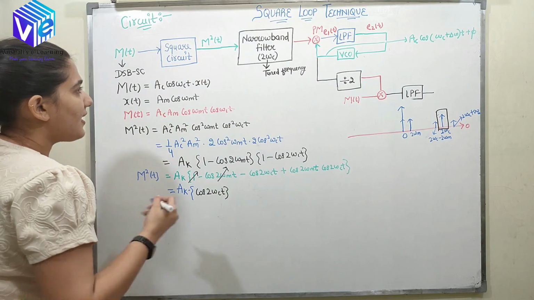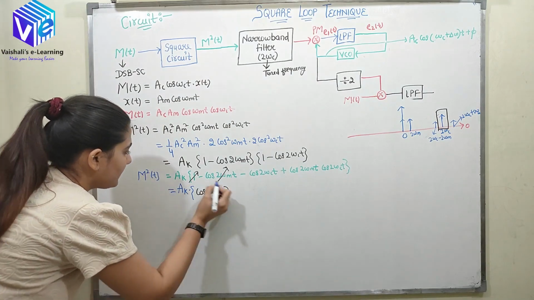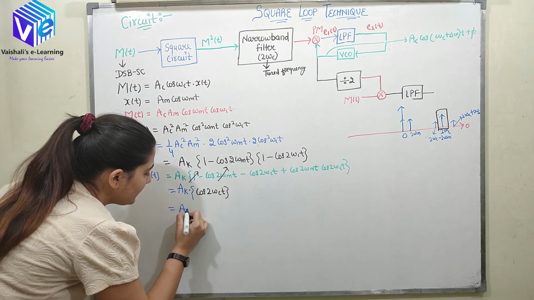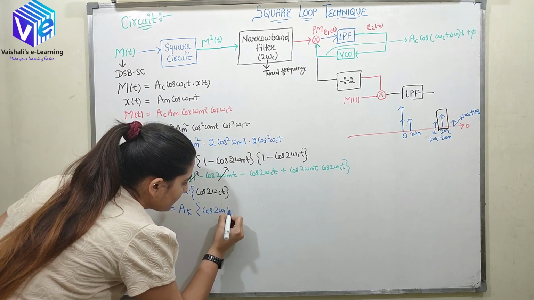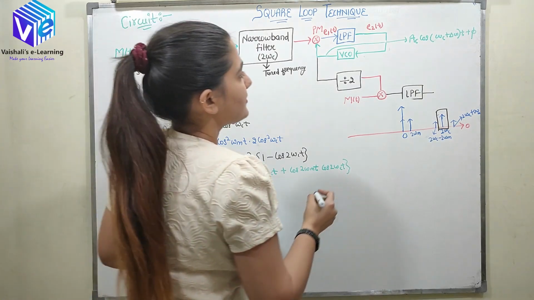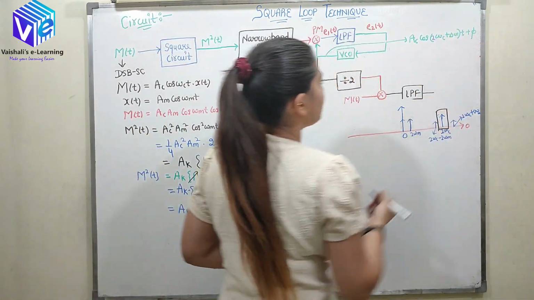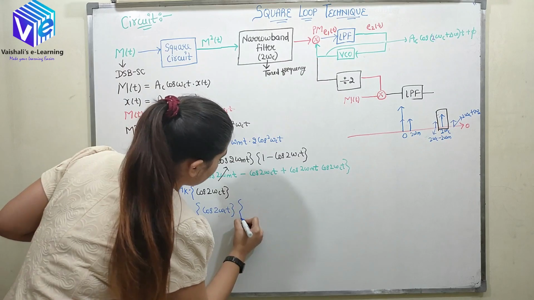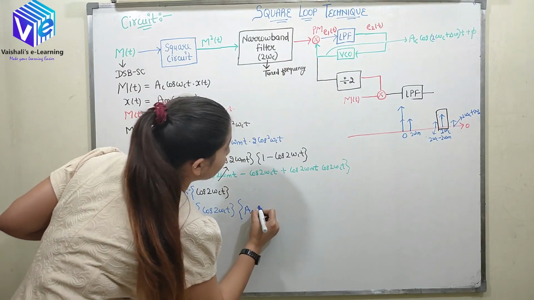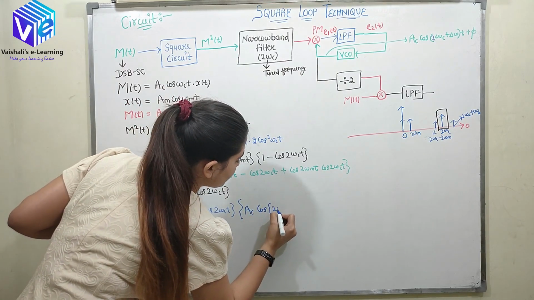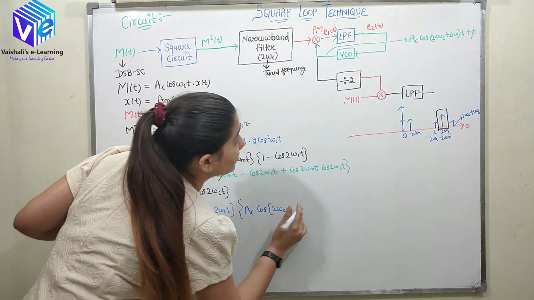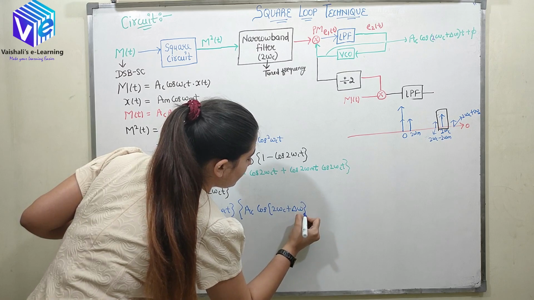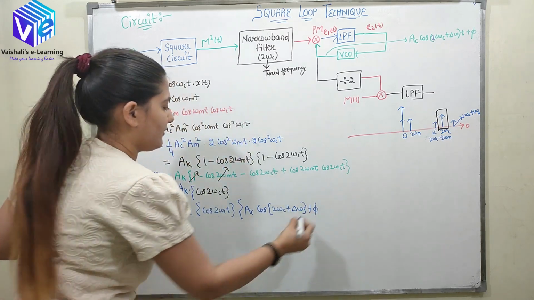The signal after the narrow band filter is ak cos 2 omega ct, so it is at the frequency 2 omega c. I am multiplying it with ac cos of 2 omega c plus delta omega t plus phi.